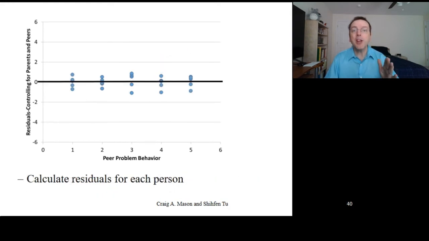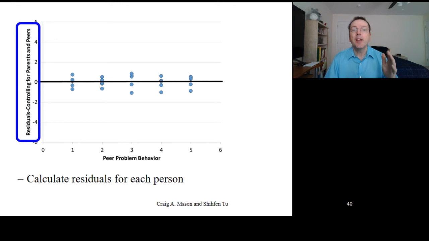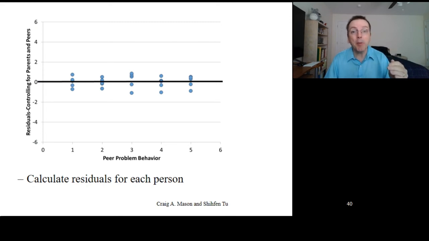First, notice the change in the y-axis. These are now residuals controlling for both parental support and peer problem behavior. As with our first set of residuals based only on parental support, they're centered on 0. But notice that the range is even smaller now.